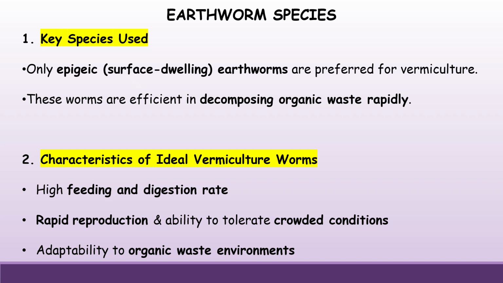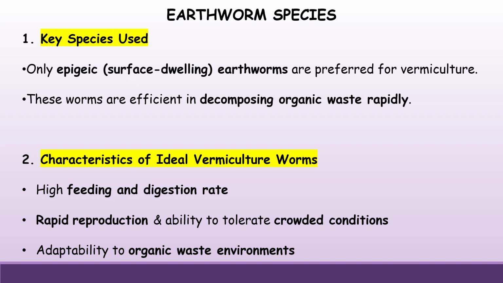The main characteristics of earthworm species ideal for this technique are that they are supposed to have a high feeding and digestion rate, rapid reproduction, and the ability to tolerate crowded conditions, and they have to adapt easily to different types of organic waste environments.